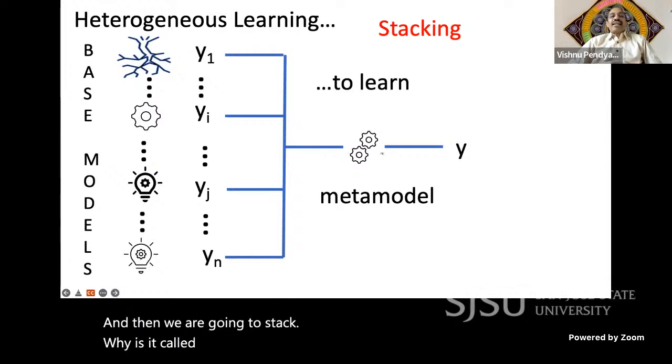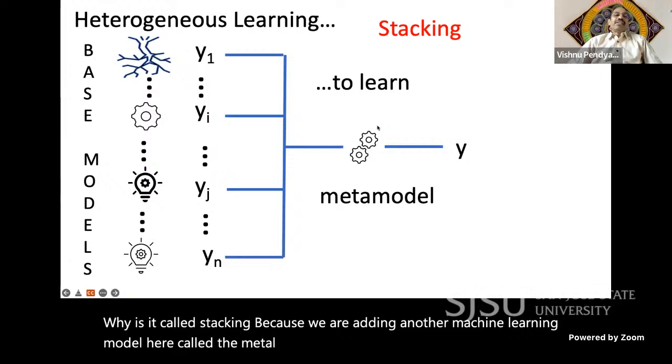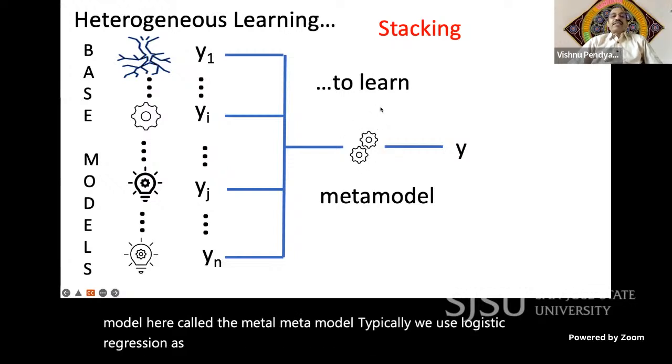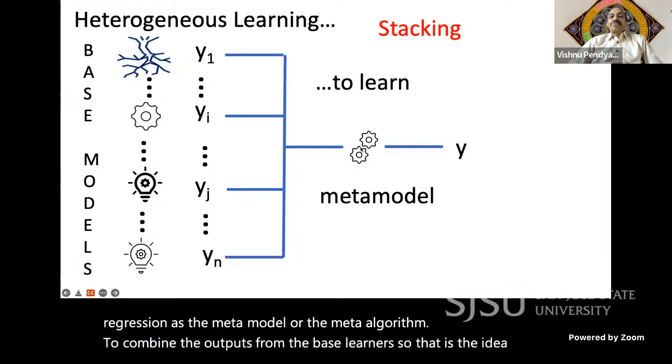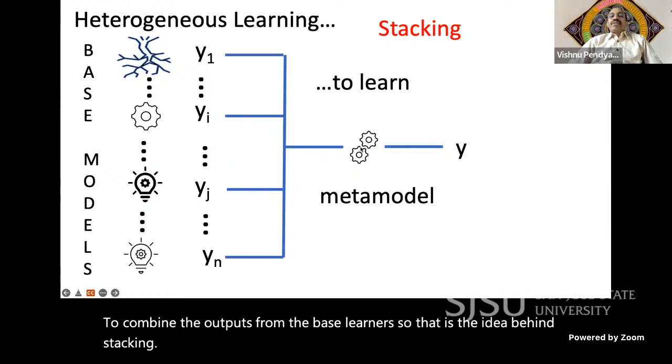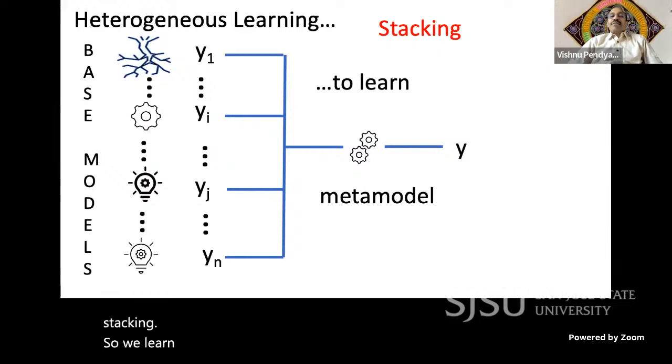Because we are adding another machine learning model here called the meta model. Typically, we use logistic regression as the meta model or the meta algorithm to combine the outputs from the base learners. So that is the idea behind stacking. So we learn using one model at a time, like we did for all the ML models.